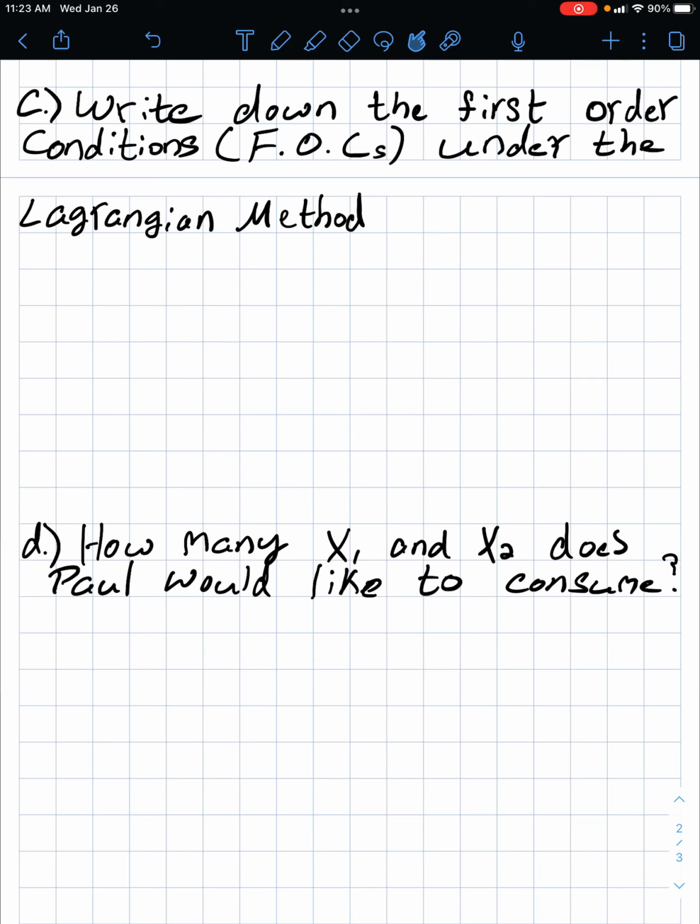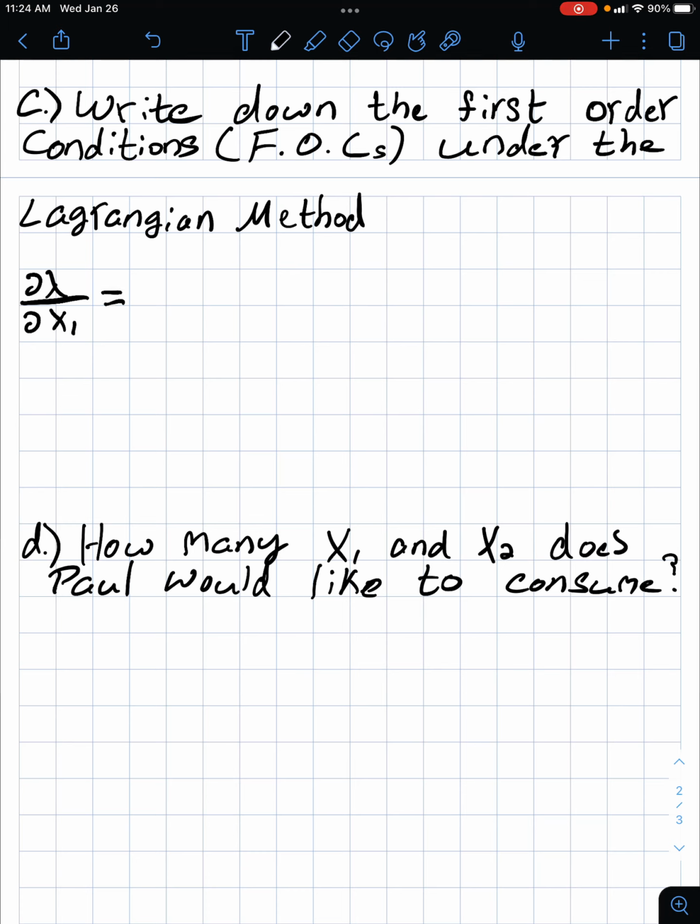Welcome back. Hopefully you were able to solve this part of the problem. Now, how do we solve for this? Well, we need to take partial derivatives. And what are we taking partial derivatives of? Well, we're taking partial derivatives of our utility function. So, let's take the partial derivative with respect to x1 first.